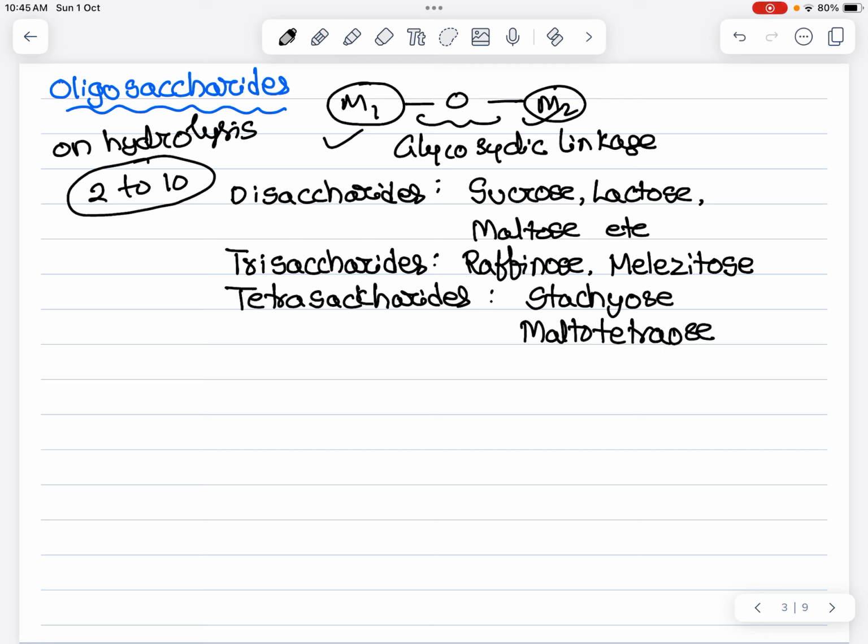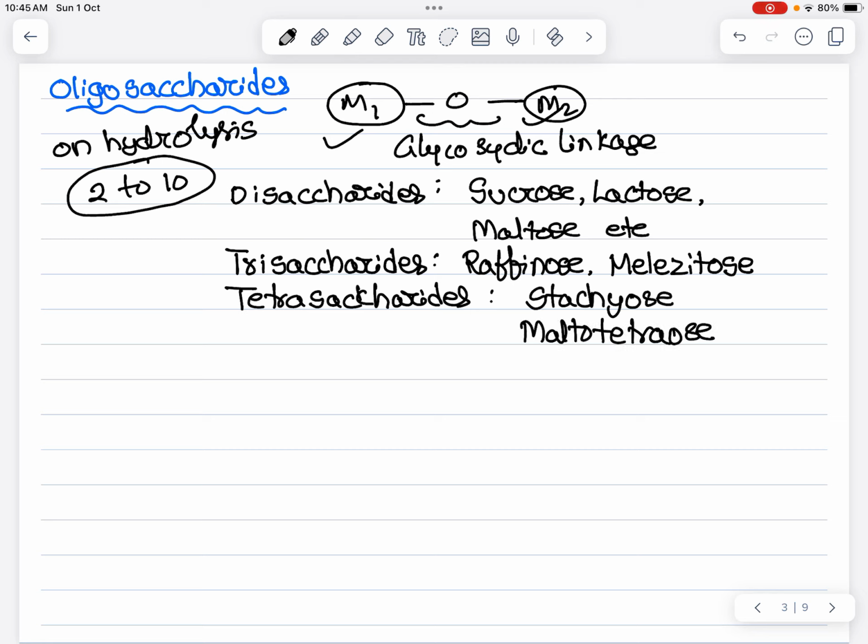Now we go for polysaccharides. Polysaccharides are a chain of more than 10 monosaccharides joined together through glycosidic bond formation. Simple. Monosaccharides are the simplest saccharides which cannot be hydrolyzed further.